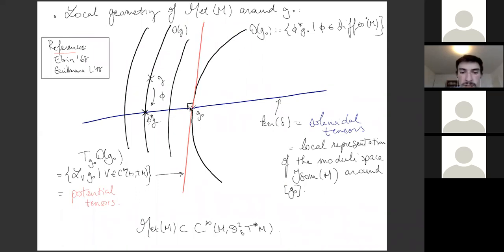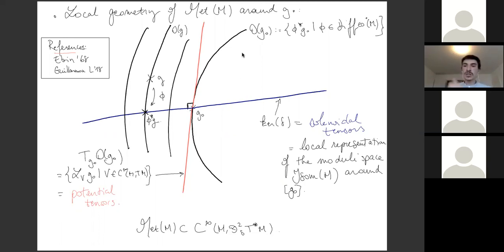We fix our metric G0, which is in the center of your screen, and passing through G0 there is the orbit of G0 under the action of the group of diffeomorphisms, shown in black. I will denote this orbit by big O of G0, and it's all the phi star of G0 where phi is a diffeomorphism isotopic to the identity.